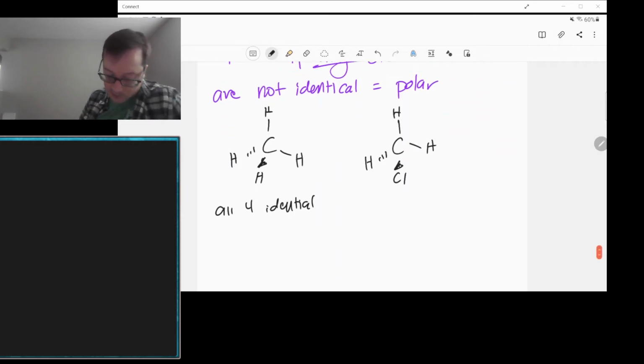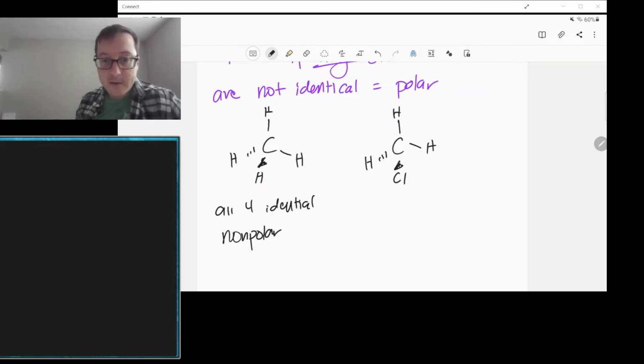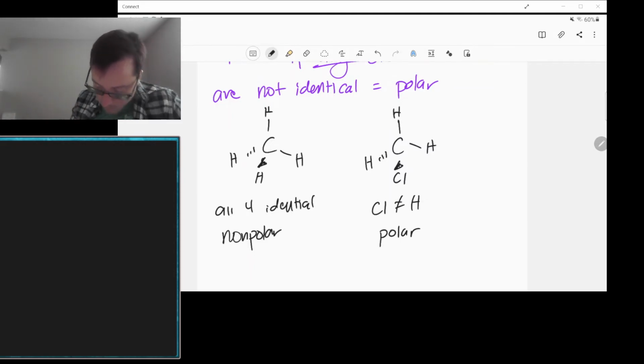In the left molecule, they're all identical. They're all hydrogens. So, nonpolar molecule. Done. We have a chlorine, and chlorine is not the same thing as a hydrogen, therefore it's polar. Easy.